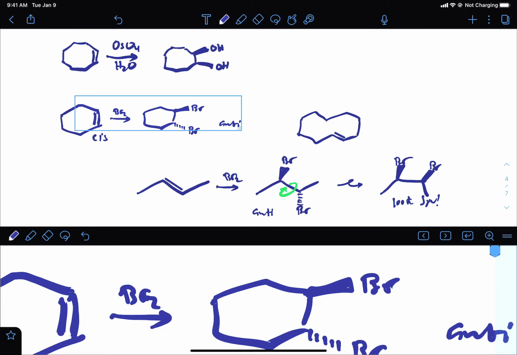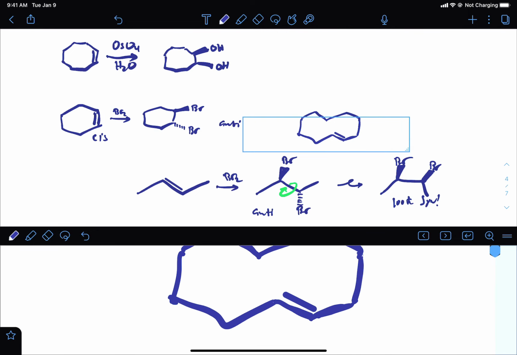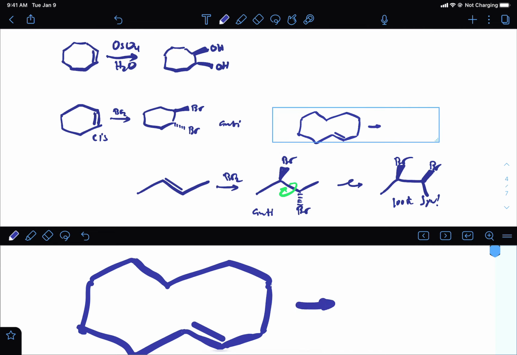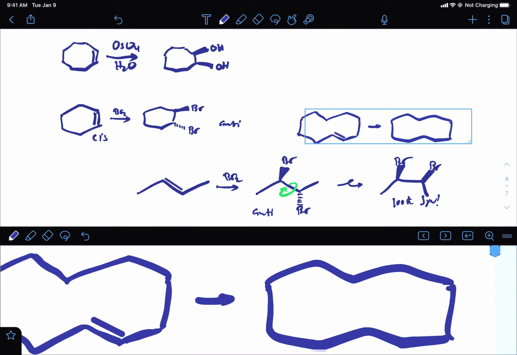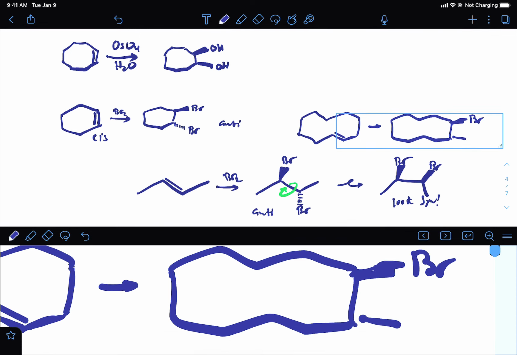But in order to make them look syn, we have to start from a trans double bond and then imagine the molecule transposing itself so that our bromines look like this.